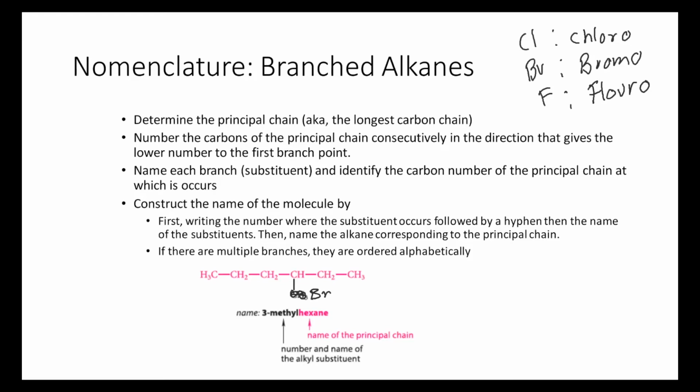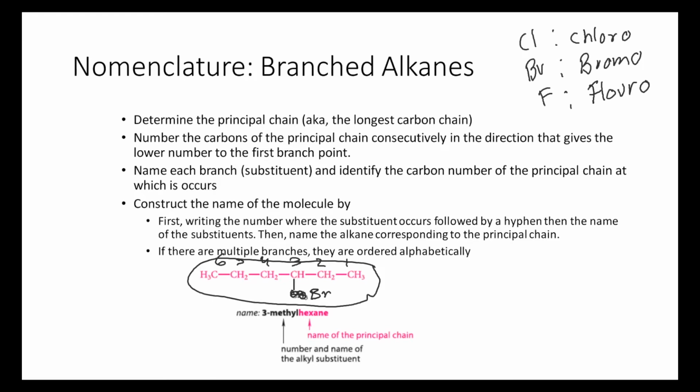So let's try naming this molecule right here, where I replaced the CH3 with Br. It's going to be the same thing. We find the principal chain and number the chain based on which direction gives the bromine the lowest number. It's numbered the same way as the other one because it's in the same place: 1, 2, 3, 4, 5, 6.